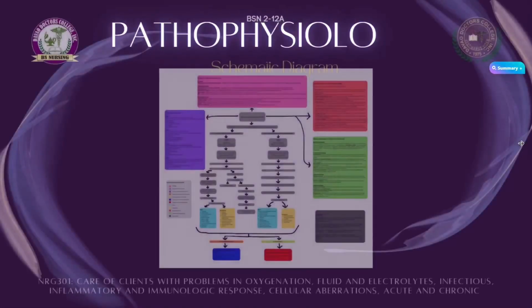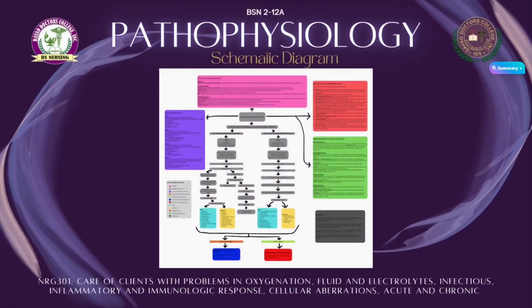So, without further ado, I will now be sliding my PowerPoint presentation about the schematic diagram, the pathophysiology of the congestive heart failure. On the schematic diagram of the pathophysiology of the disease process of the congestive heart failure.